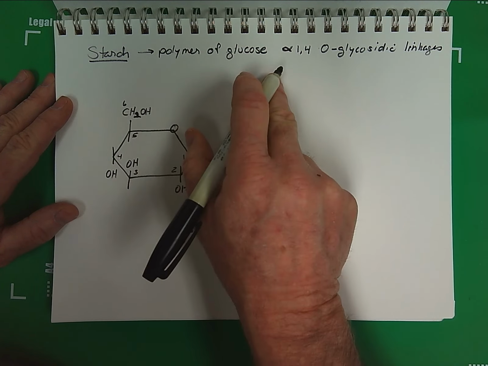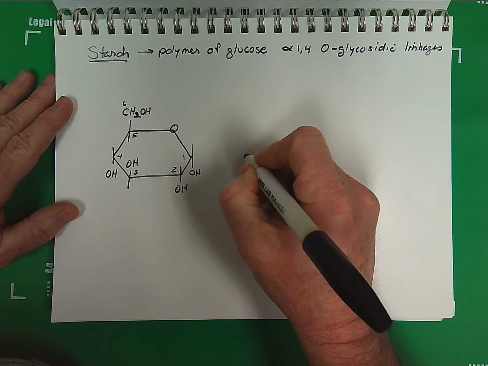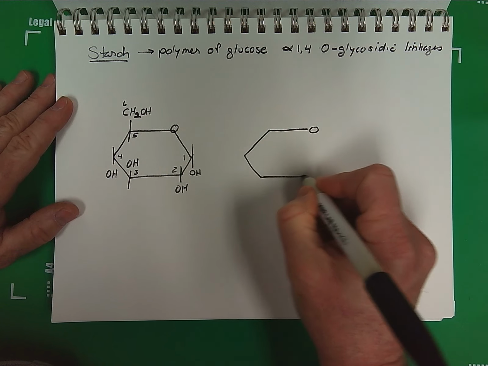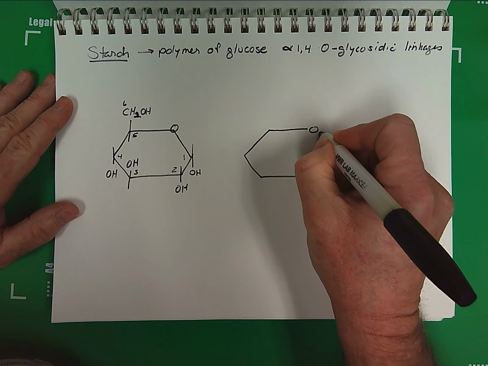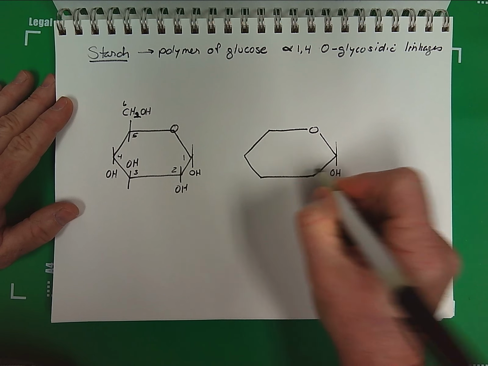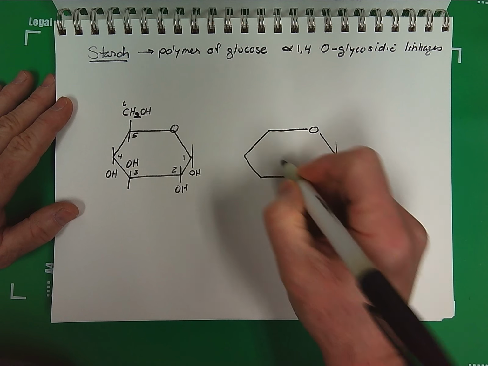Now we're talking about a polymer of glucose, so let's put another glucose molecule here. Again, this is the alpha configuration.